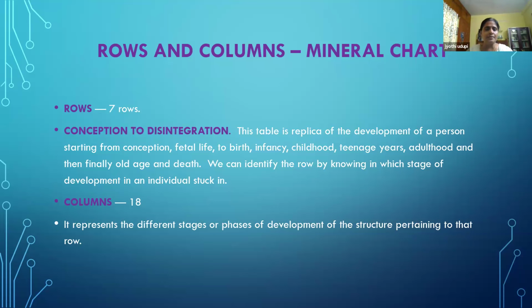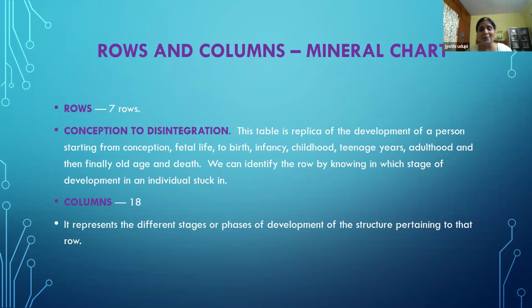There are 18 columns. Columns represent the different stages or phases of development of the structure pertaining to that row. Before we go further, let me tell you, this takes some time to understand.